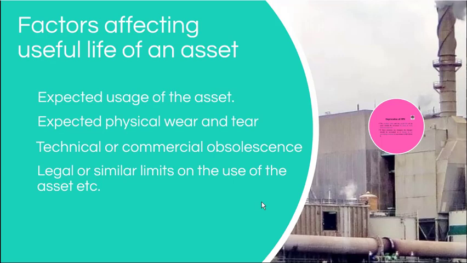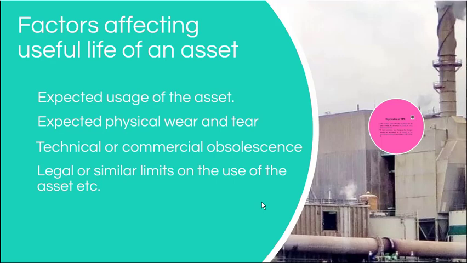Then expected physical wear and tear. For example, you might be willing to use your multimedia projector for, let's say, 5 years, but its physical wear and tear may not allow you to use it for 5 years.